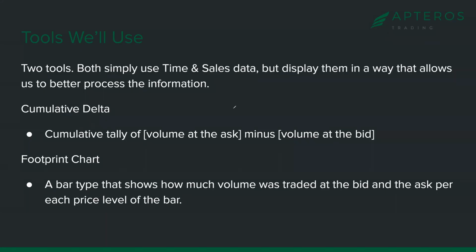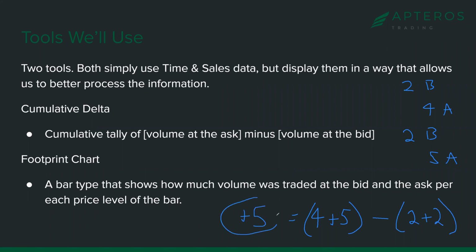If we had a sequence of events come through where 2 contracts trade down at the bid, and then 4 contracts trade at the ask, and then 2 contracts trade at the bid, and then 5 contracts trade at the ask, well, the cumulative delta is going to be 4 plus 5, all the volume done at the ask, minus 2 plus 2. So that's 9 minus 4. So we are plus 5 cumulative delta, right?